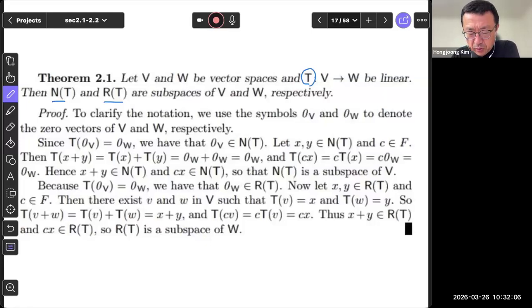To clarify the notation in the proof, we will use the subscripts V and W to denote the zero vectors of V and W respectively.